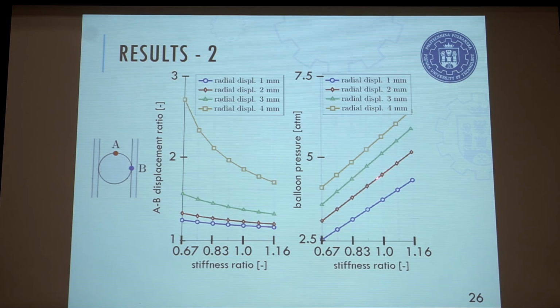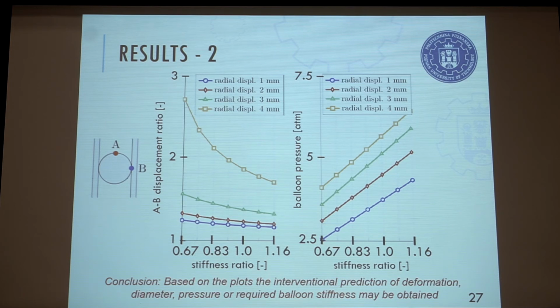If he takes a typical balloon, which means the stiffness ratio is 1, he knows that the balloon pressure should be about 4 atmospheres. So based on those plots, the prediction of deformation, balloon pressure, or required diameter of the balloon may be obtained.